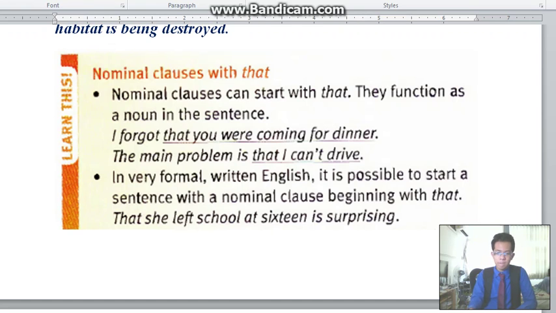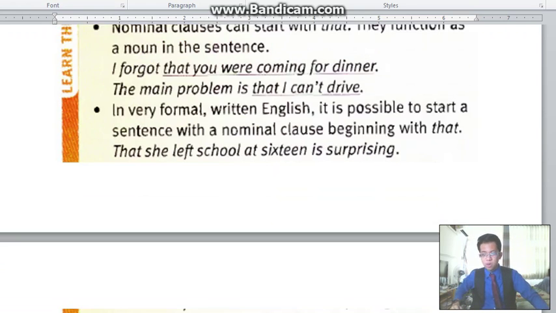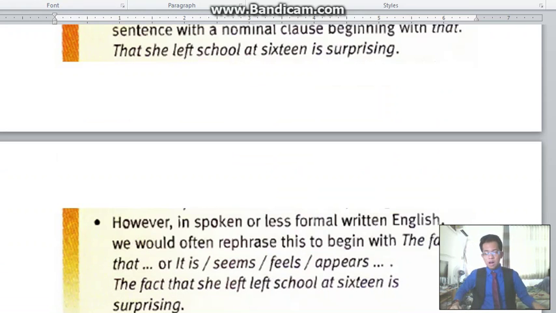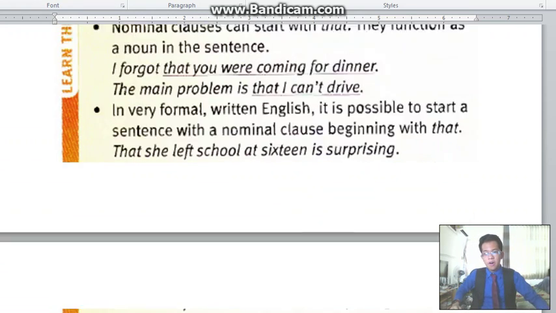For example, you can say: that she left school at 16 is surprising.